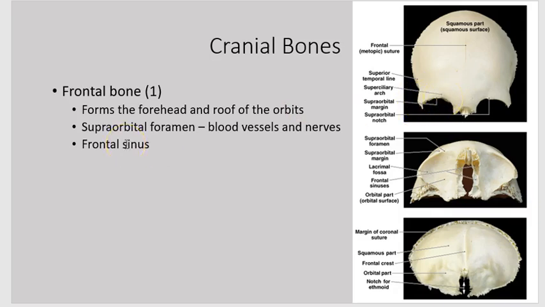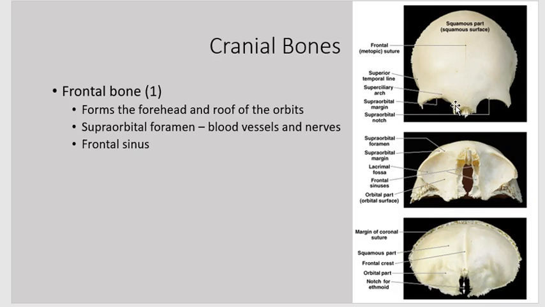It contains a supraorbital foramen. Cool thing about anatomy and how stuff is named is if you learn the vocabulary, it basically tells you where it is. So supra means superior, orbital is talking about the orbit, and foramen is a tiny hole.